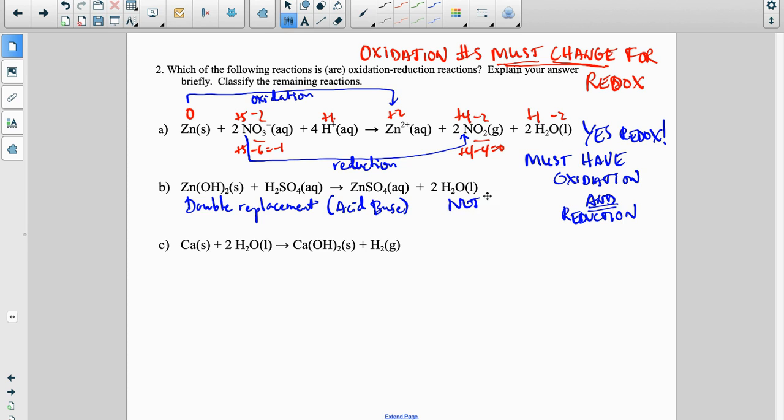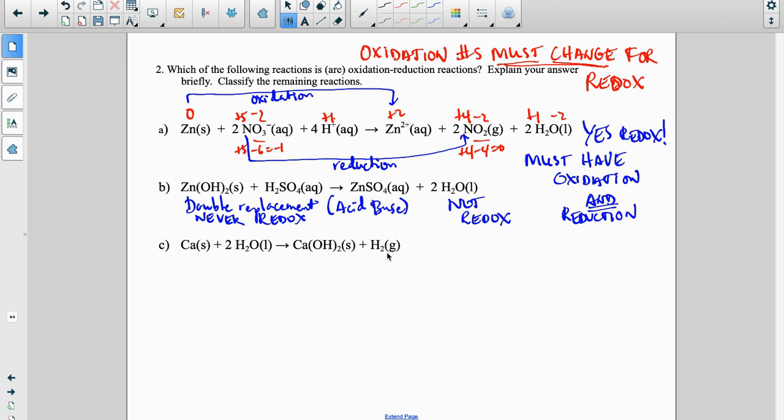Not redox. Okay, so all double replacements are not redox reactions. Okay, never. Double replacements are never redox reactions. So if you can recognize that a reaction is a double replacement, then you can immediately say, oh, it's not redox.